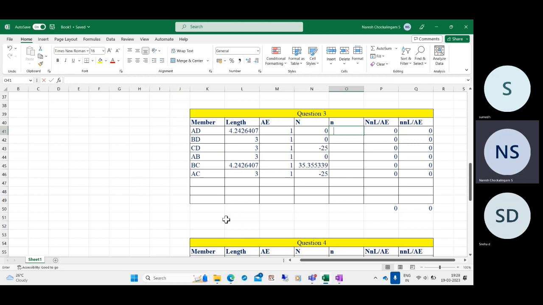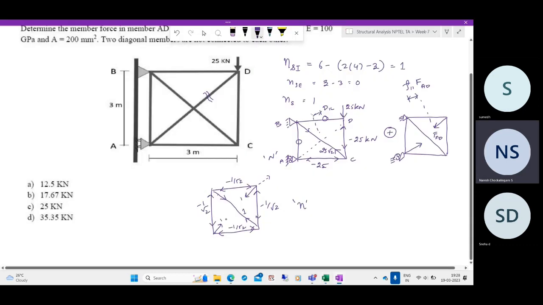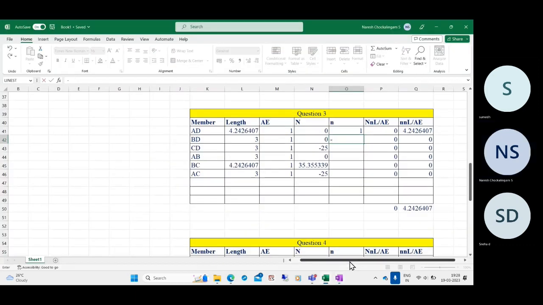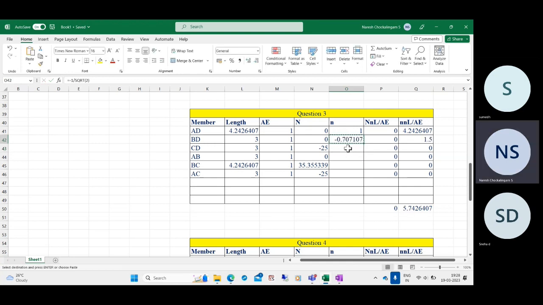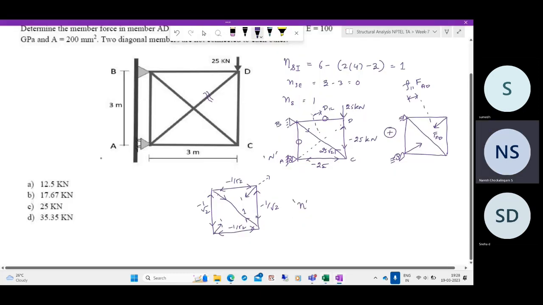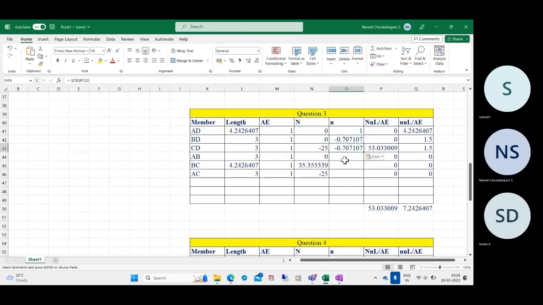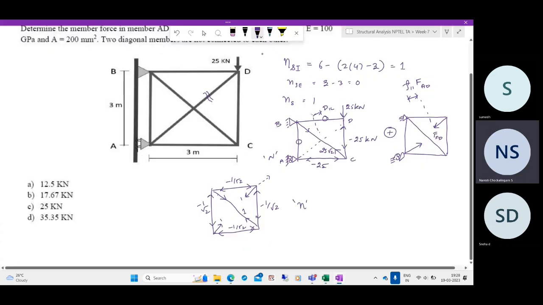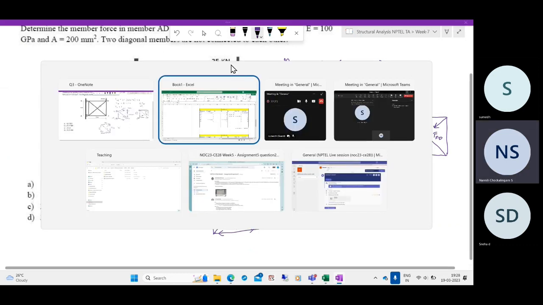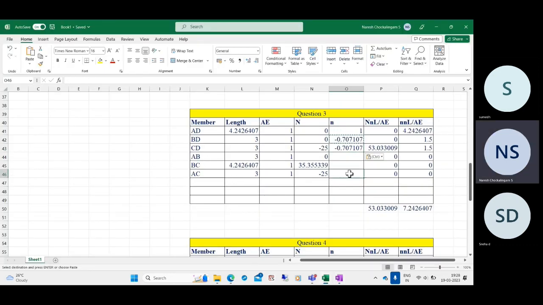And in BD, it is minus 1 by root 2. Not only in BD, but also in DC, CA, AB, the members have forces as well.